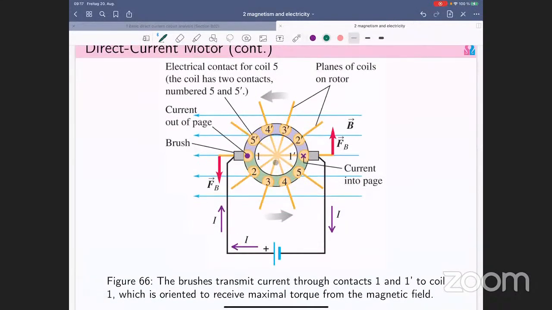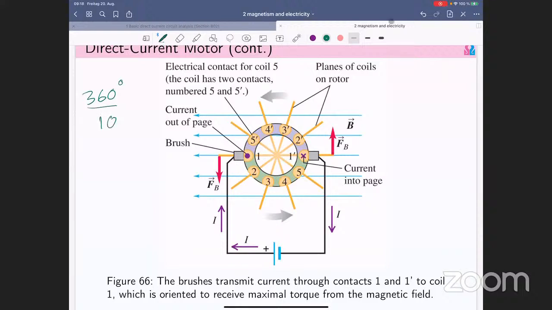In this front cross-sectional view, you have the first pair, the second pair, the third pair, the fourth pair, and the fifth pair. It's like you divide 360 degrees by 10, because you have 5 pairs.